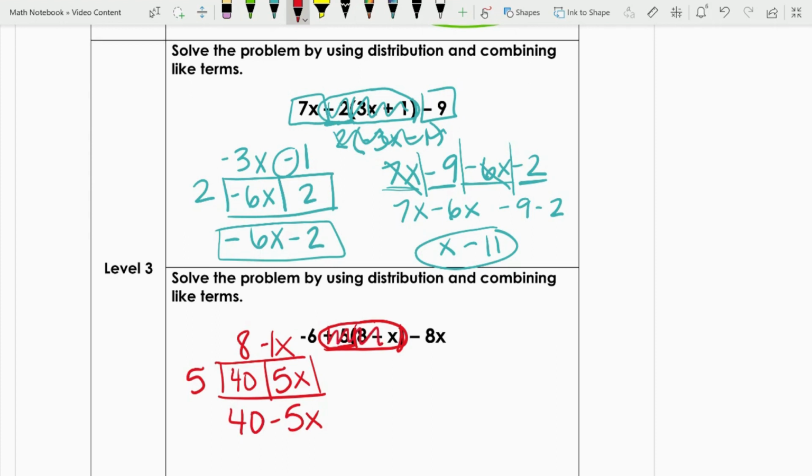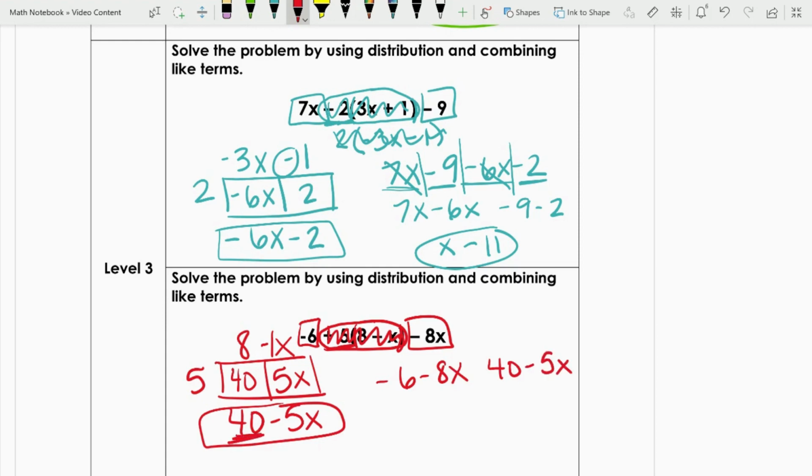So this is now done, but I still have a negative 6 minus 8x left. And I also have this 40 minus 5x. Now 40, if I look at my number 40, that's a positive. So we're going to put a plus in between that. So it shows that that's a positive 40. And then we can combine like terms.